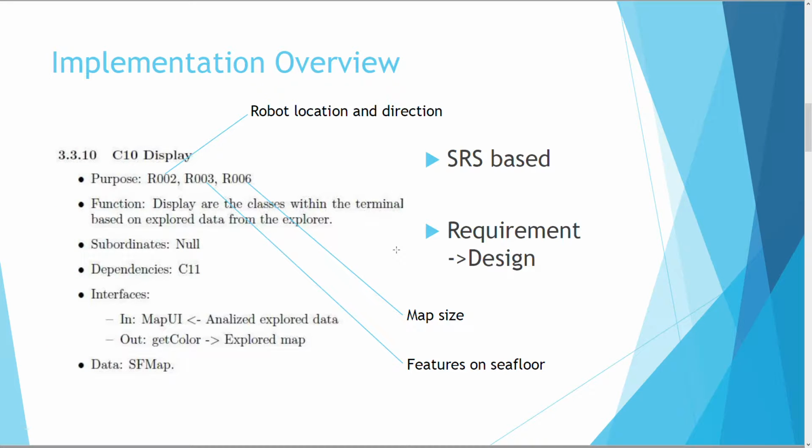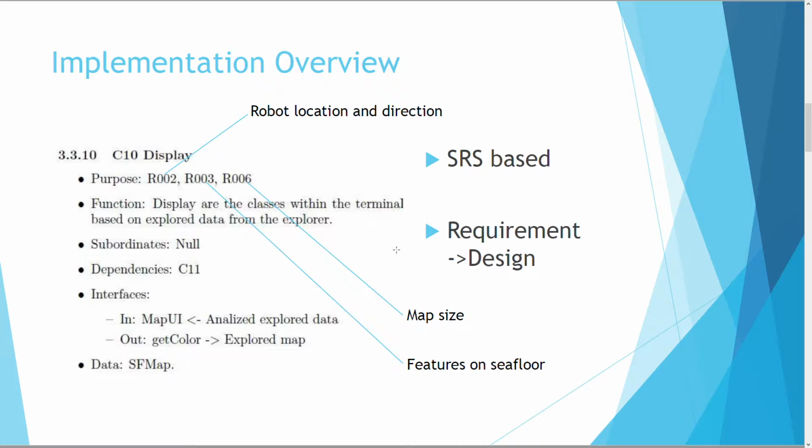Okay, first, the idea of our implementation is based on requirements from the SRS document. Here is an example. This text is from section 3.3.10. It indicates the component Tent, which is to display the real-time map.